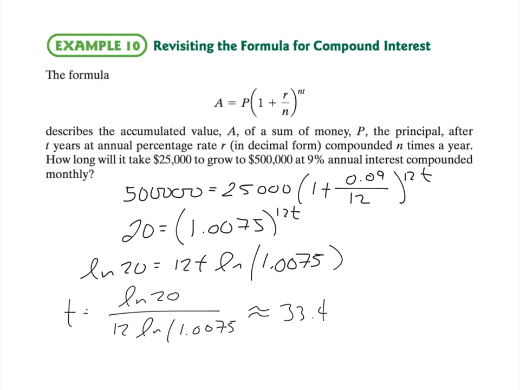And now, because it's interest, the t is going to be in years. So what that means is it's going to take 33.4 years to turn $25,000 into $500,000 at 9% interest.